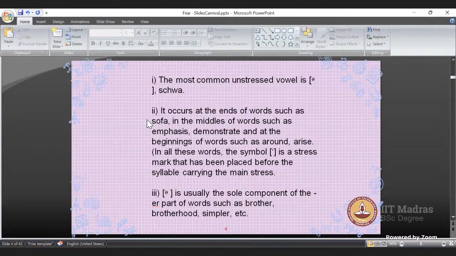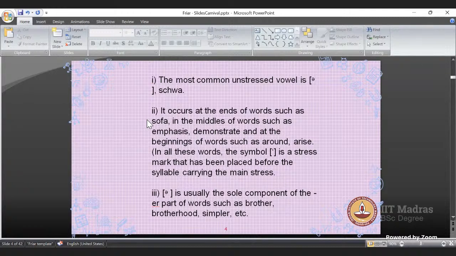Words like at, not, but, about, all of those functional words, prepositions and conjunctions, tend to use this particular vowel a lot. You don't get them for stress marking, but I'm just letting you know, since we're anyway discussing these things.